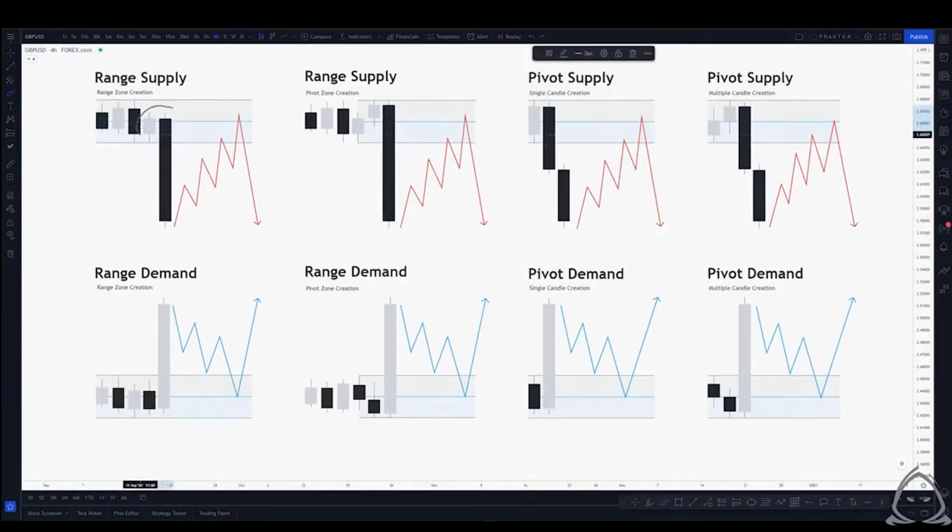We can use the bullish candle, we can use the series of bullish candles, and on the flip side for demand, we can use the bearish candle, we can use the entire range, or we can use the series of bearish candles. And what we're doing is, now that we've established that price has rapidly moved to the downside or price has rapidly moved to the upside, we've been able to identify that a supply zone or a demand zone has been created.